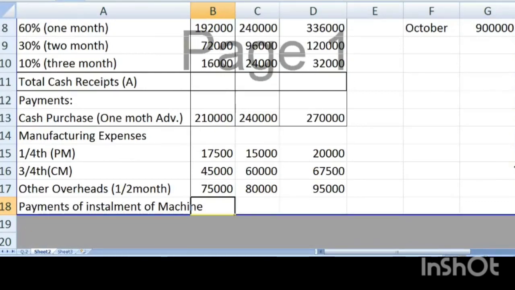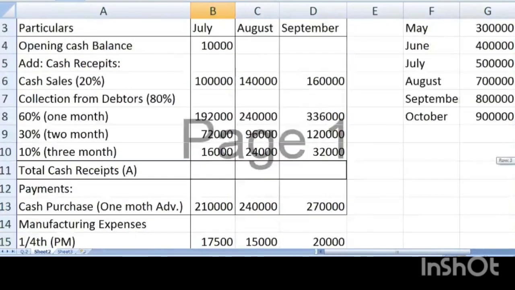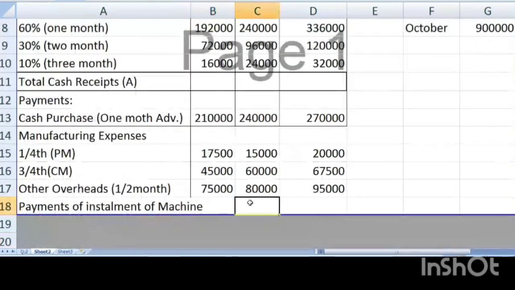August means the second month for our budget. So here 1 lakh, and here also 1 lakh. That's correct.